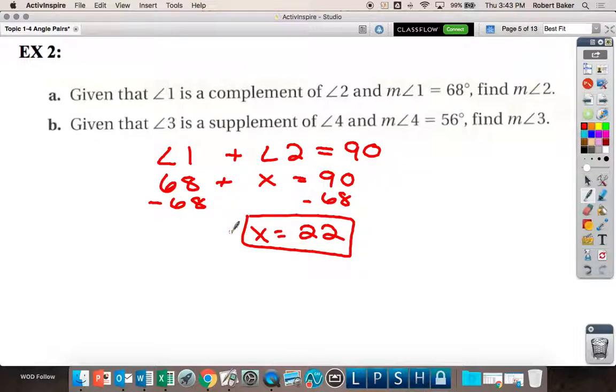You're almost there. You forgot the degree sign. You're closer, but you're still equally as far. We're trying to answer what is the measurement of angle 2. The measurement of angle 2 is 22 degrees.